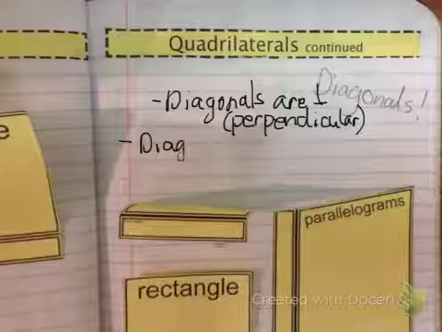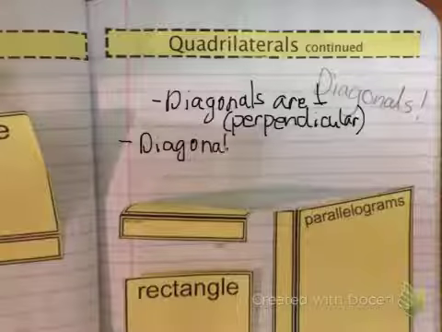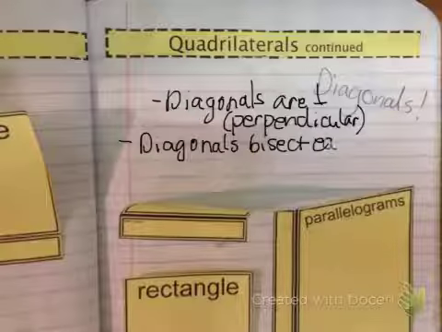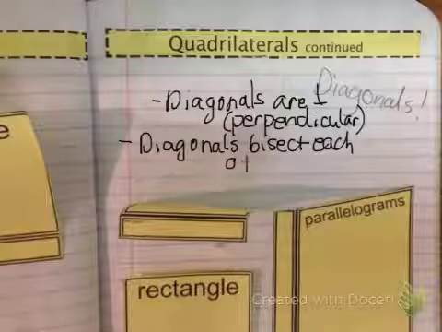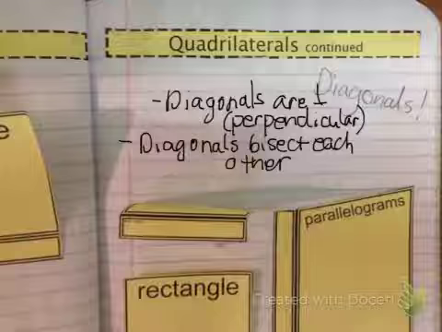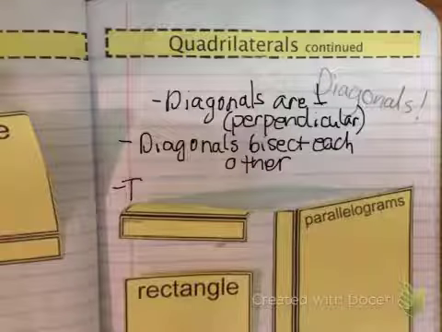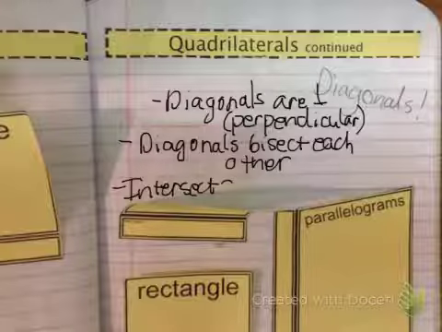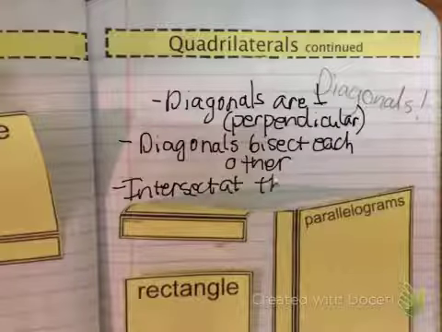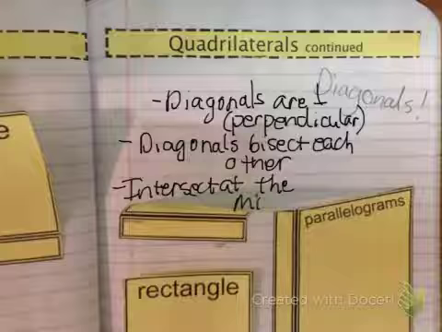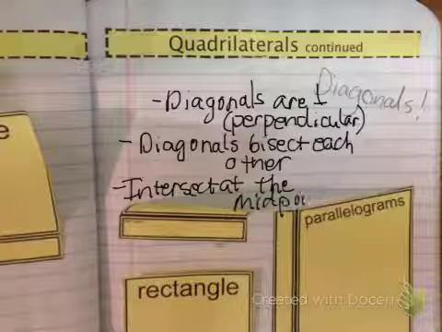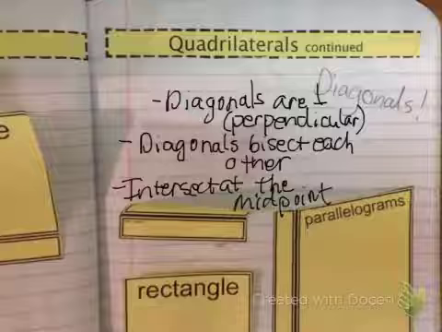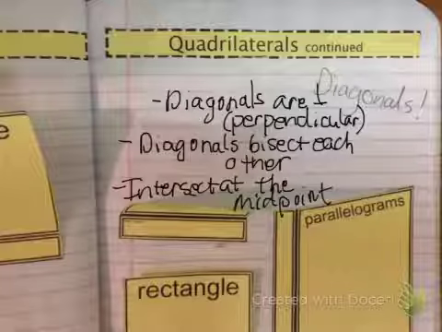The diagonals bisect each other, just like in a parallelogram. And if the diagonals bisect each other, then they intersect at the midpoint. So hopefully you can fit all of yours under that flap. I had to write a little bit bigger. So those are the three things you need to remember about a rhombus.